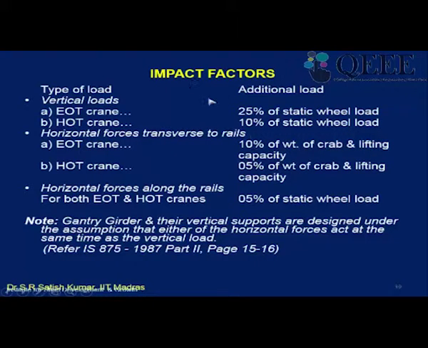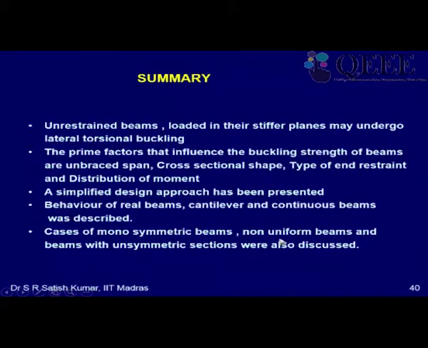These are called impact factors. Basically we multiply the wheel load by these factors, 1.25 or 1.1 and so on, and we design the gantry girder for those loads rather than just the loads. Okay, those are given in the code. So with that I conclude.